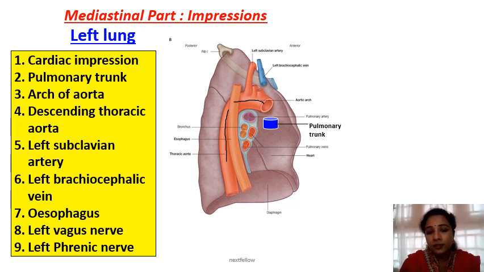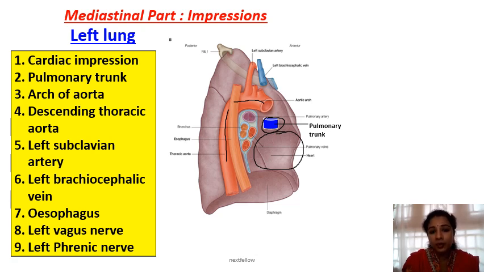So the right lung is related to the azygous vein, arch of azygous. The left lung, just above the hilum, is related to the aortic arch, that is the arch of aorta, which continues as descending thoracic aorta. Apart from that, the cardiac impression, which is present on the left side, the pulmonary trunk here, which divides into right and left, the arch of aorta, descending thoracic aorta, I have already said.